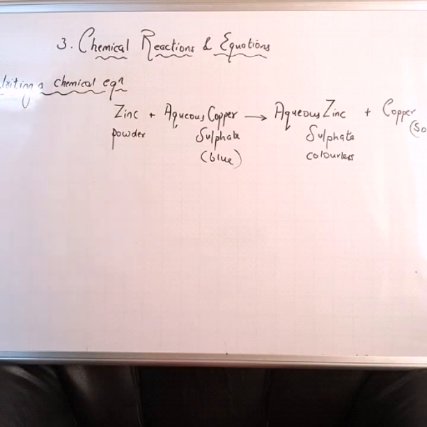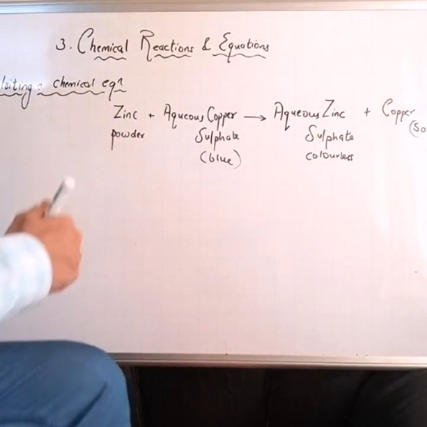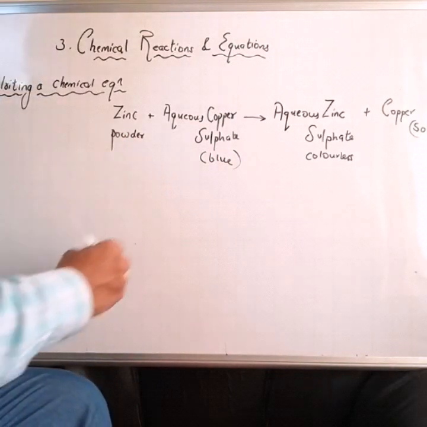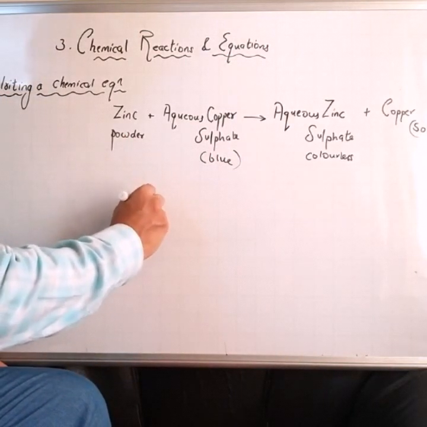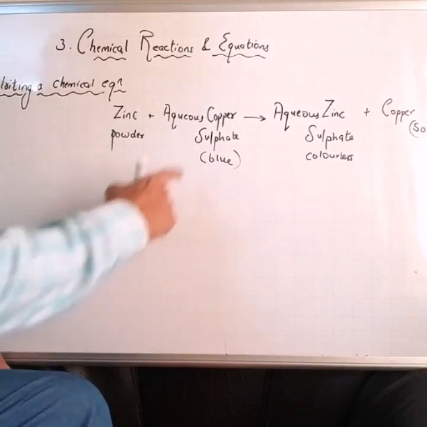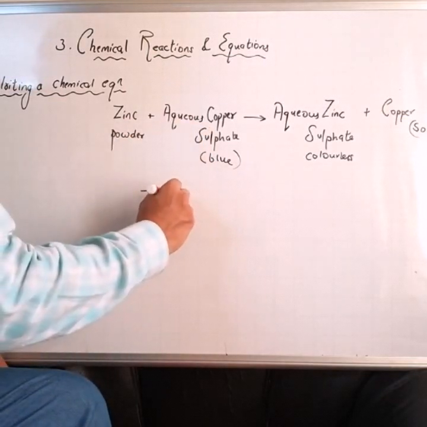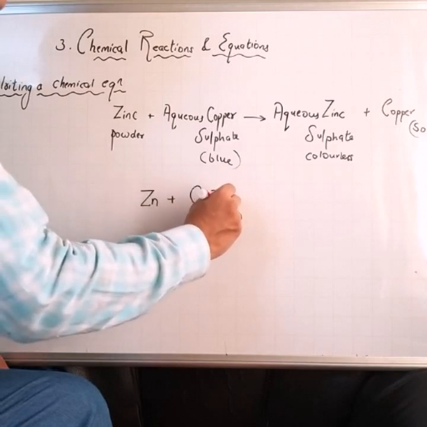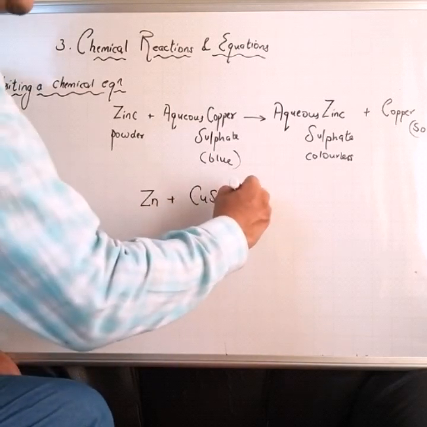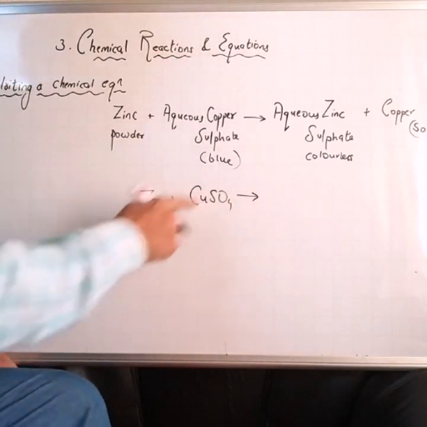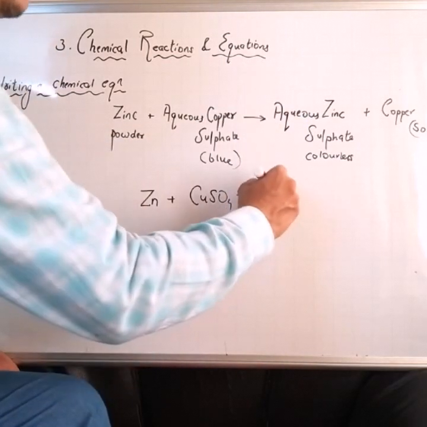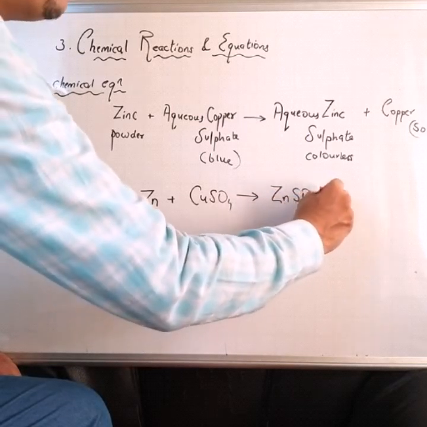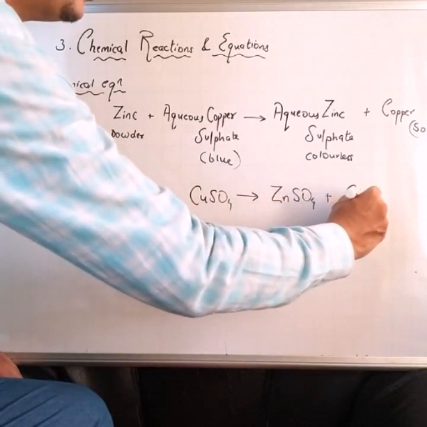Now we will write the chemical equation over here, and first of all, zinc powder, symbol for zinc is Zn, plus copper sulfate, CuSO4, which gives aqueous zinc sulfate. Zinc sulfate is ZnSO4 plus copper.